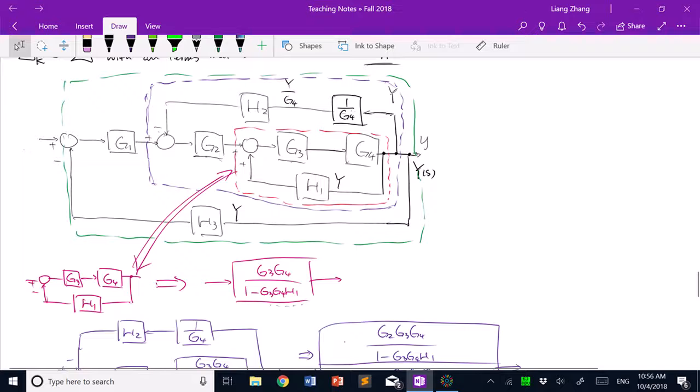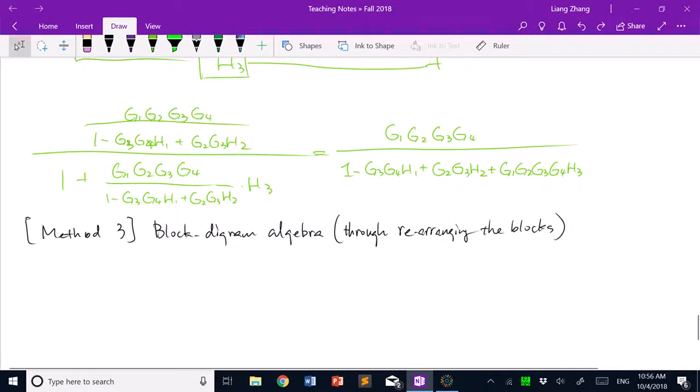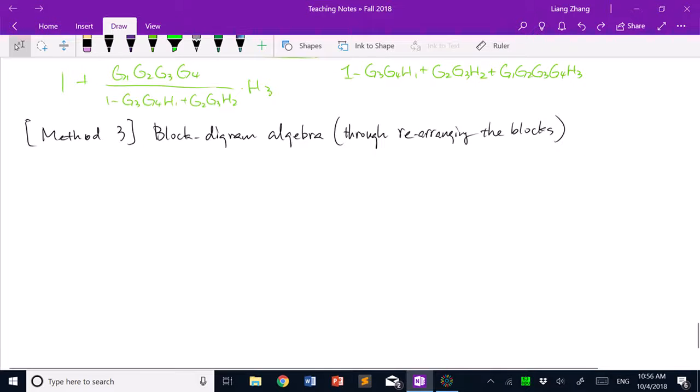We arrange this G4 block, medium loop, middle loop, and the outer loop to have this small subsystem that we can utilize in a derivation. Okay. So this is our third method.